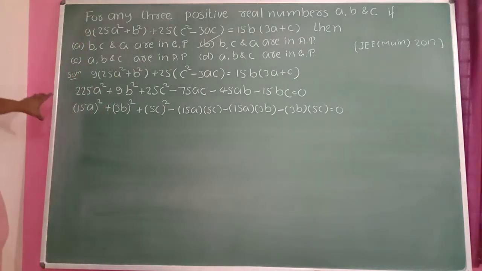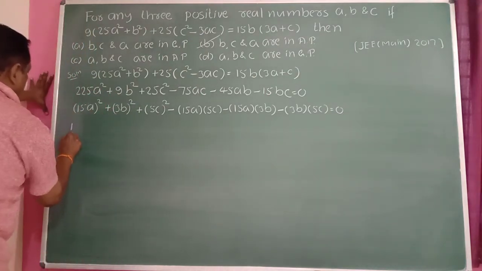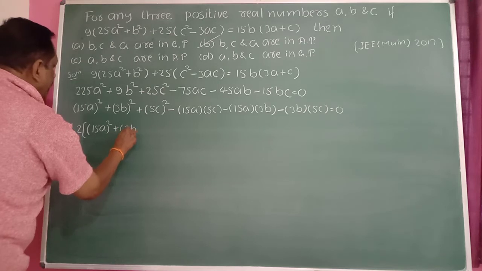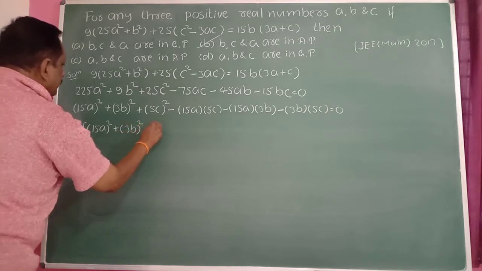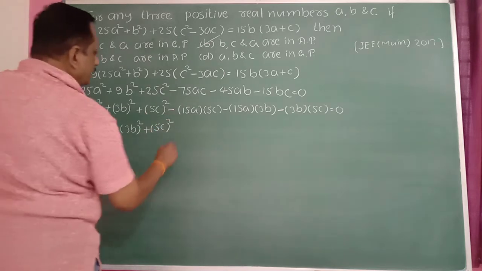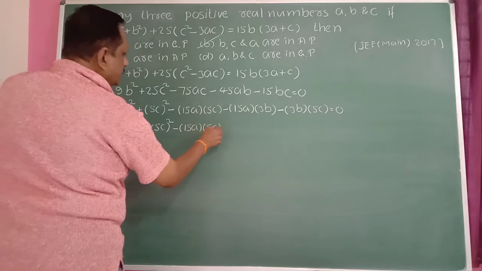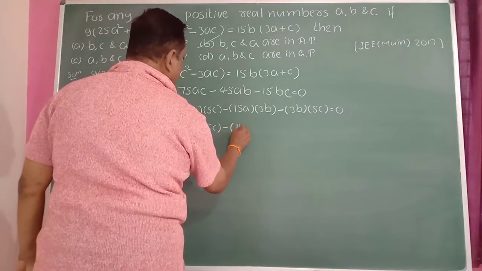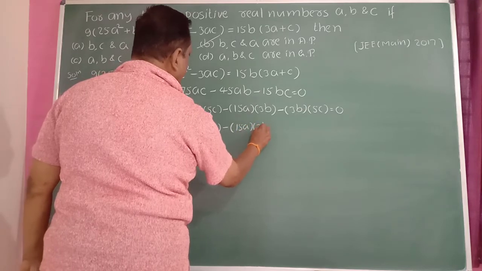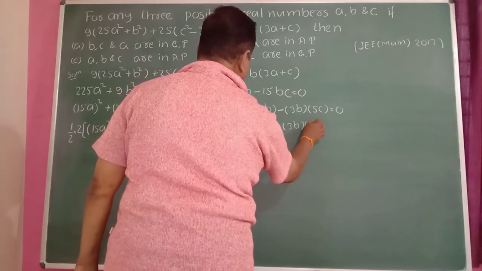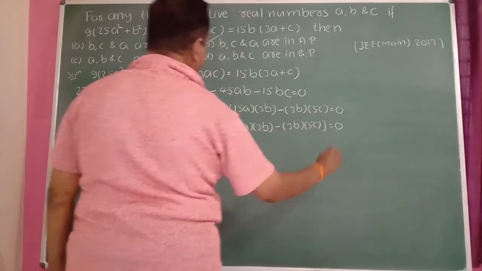Now multiplying and dividing by 2, so 1 upon 2 into bracket: (15a)² + (3b)² + (5c)² − 15a into 5c − 15a into 3b − 3b into 5c, that is equal to 0.